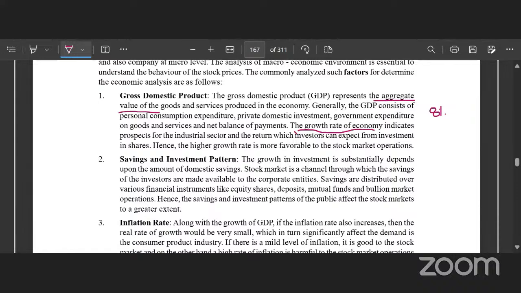The economy is growing at a faster rate, which indicates the future prospects are brighter for the companies operating in the Indian economy, and that reflects in the stock markets. Right? So the prices will increase. So to understand the behavior of the stock price, you need to understand the economic factors also, right?